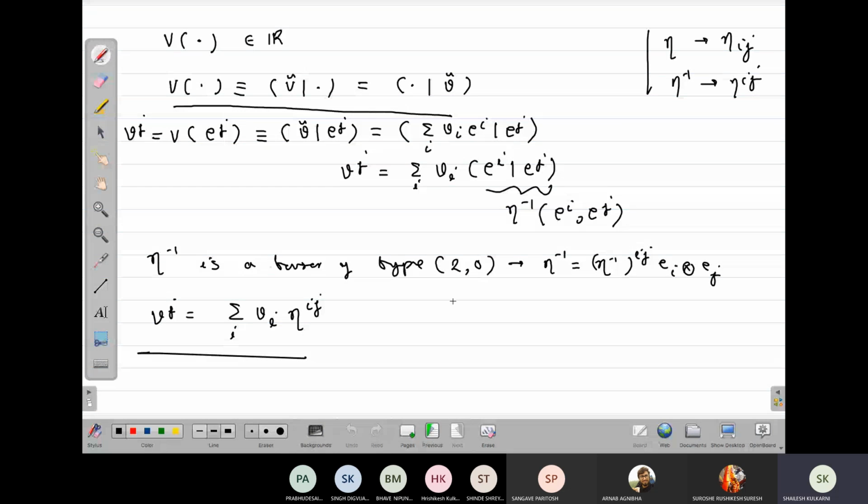in the sense that eta upper ij eta jk is equal to delta ik. You can show that. In fact, you can take this as an exercise, to show that this eta upper ij is indeed the inverse of eta. So if you write eta as a matrix, then this matrix is the inverse of this matrix. That you can show.